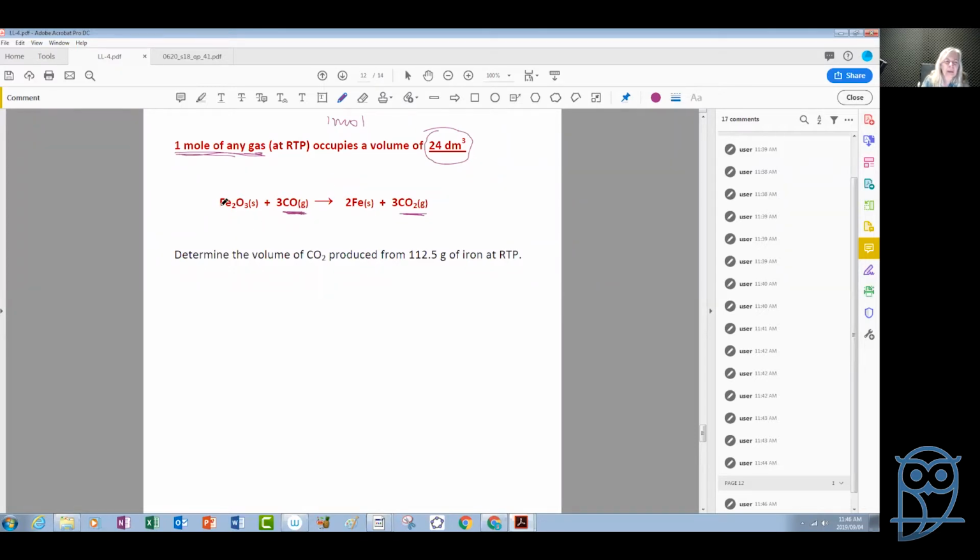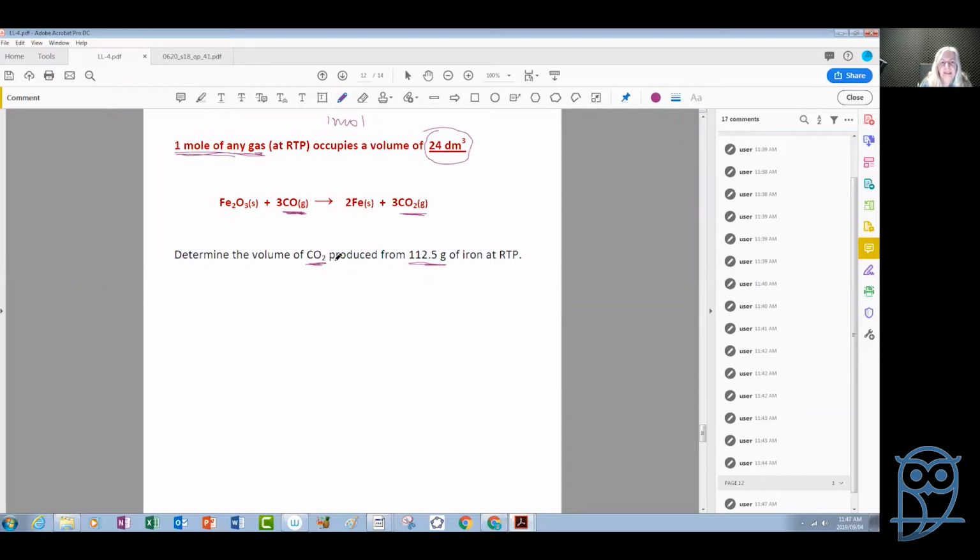Okay, let's do this problem that involves this equation. We are given this equation, it's already balanced, and they ask us to determine the volume of carbon dioxide gas produced, here is the product, from 112.5 grams of iron.